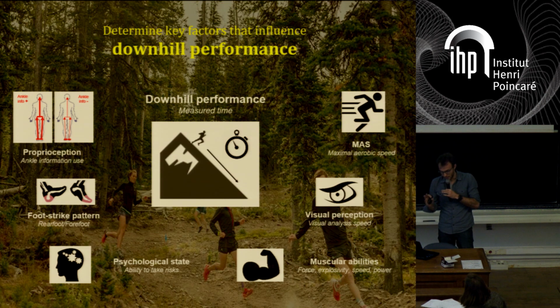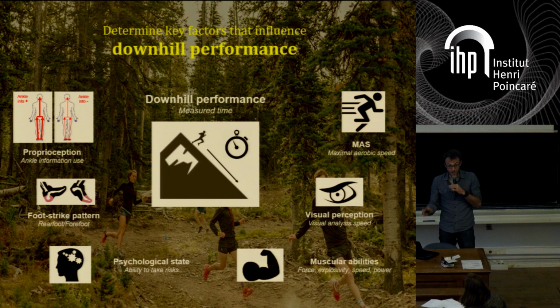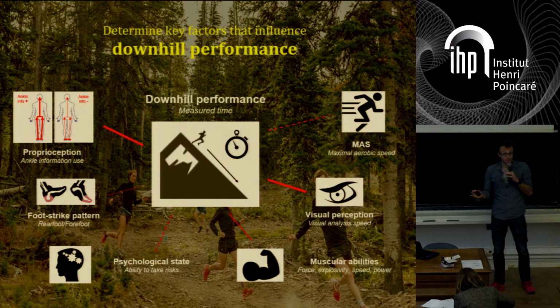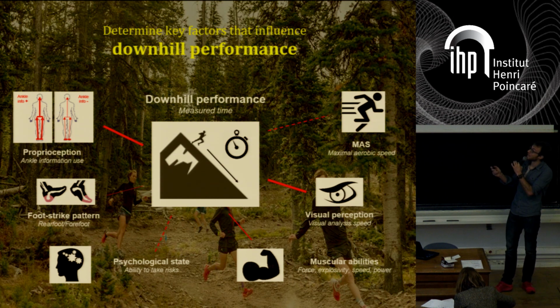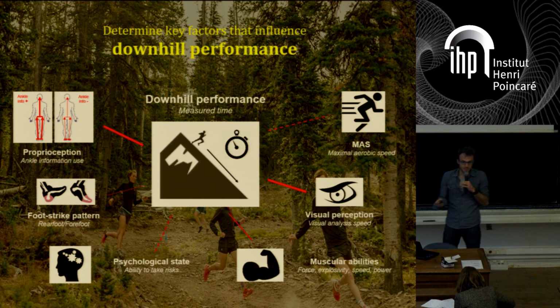Last but not least, the overall example: we wanted to explain the downhill performance by all these parameters. We wanted to see the strength of the association between all these parameters and the downhill performance. And here is maybe the most complex method that we use.